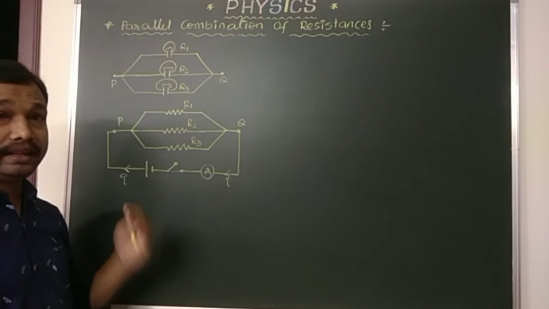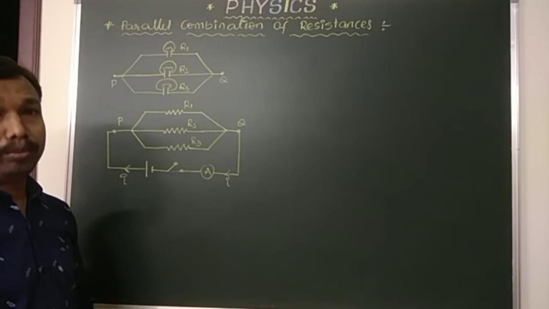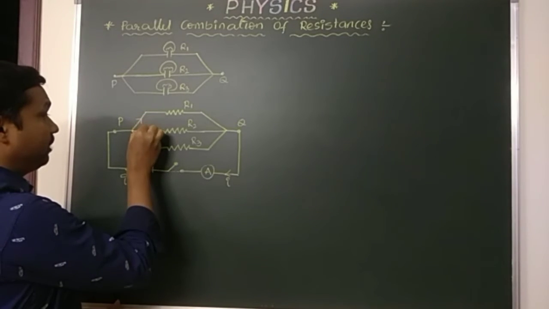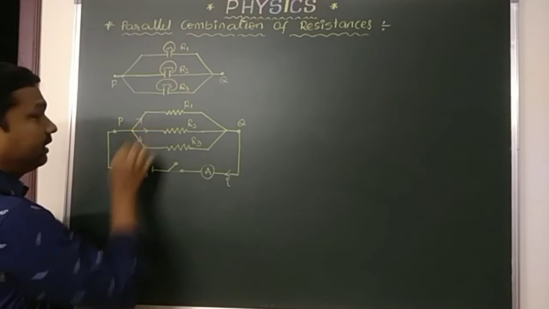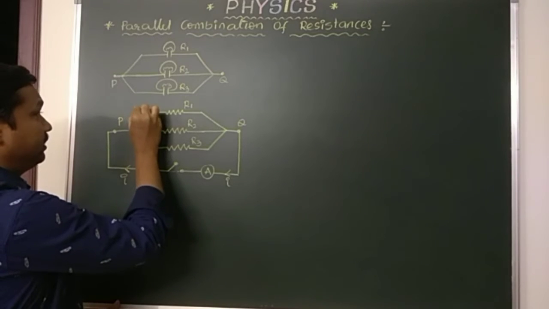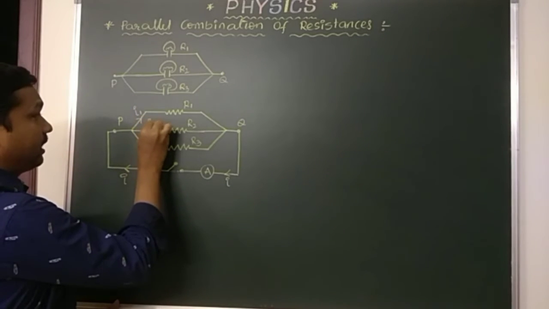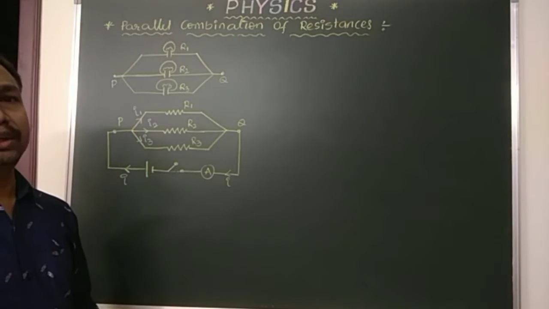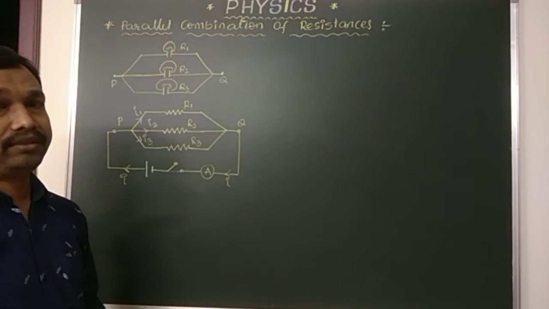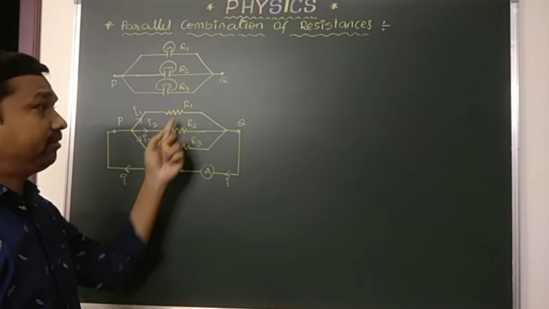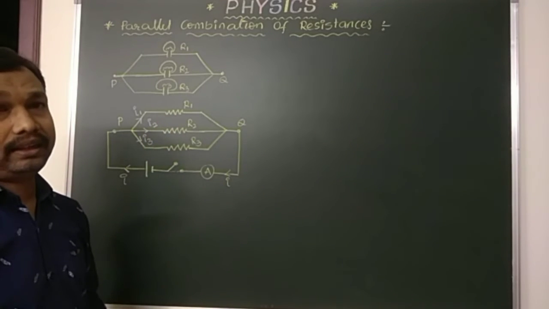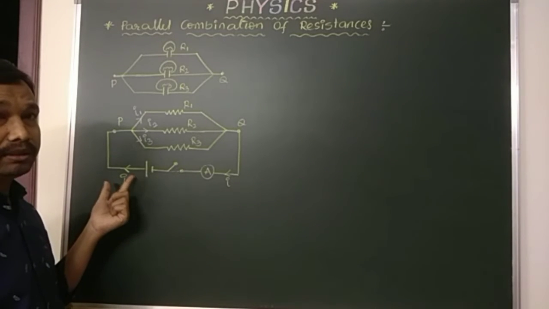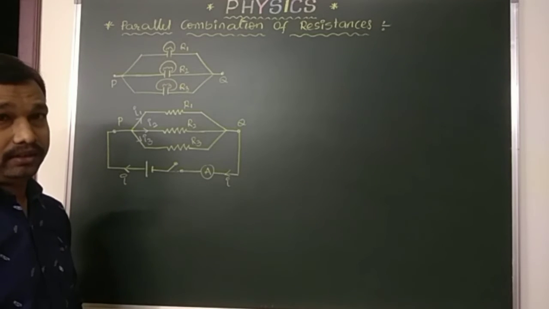As the resistance is less, current will flow more. So different amounts of current pass through different resistances. I take this as I1, this as I2, and this as I3. I1, I2, I3 are the currents passing through the resistances R1, R2 and R3 respectively. But the amount of current coming from the cell is I only.